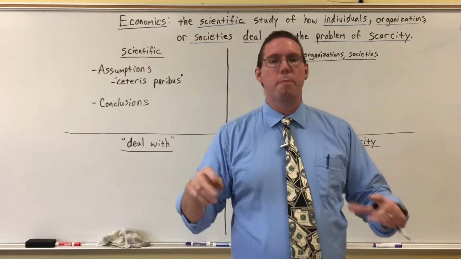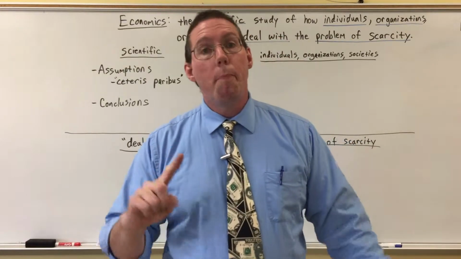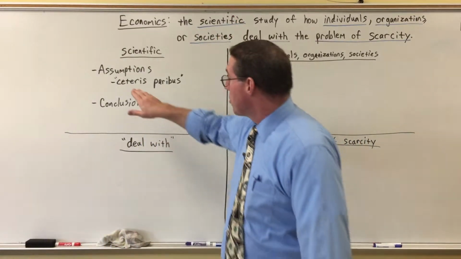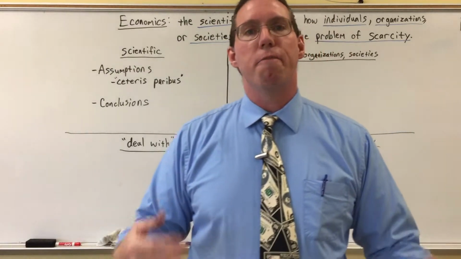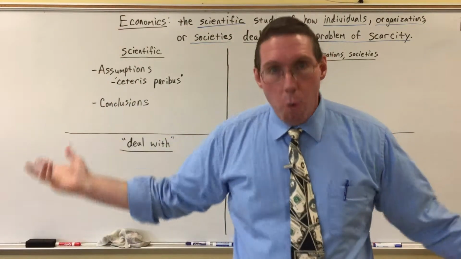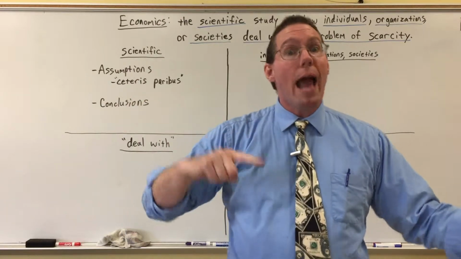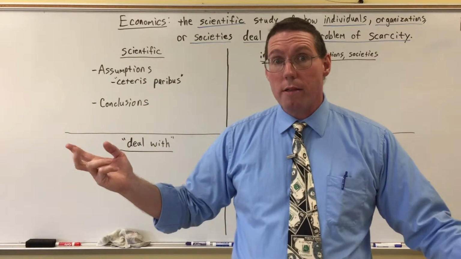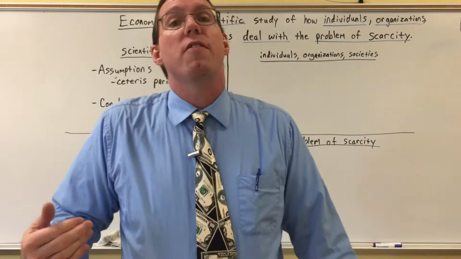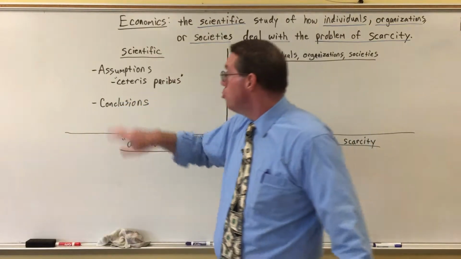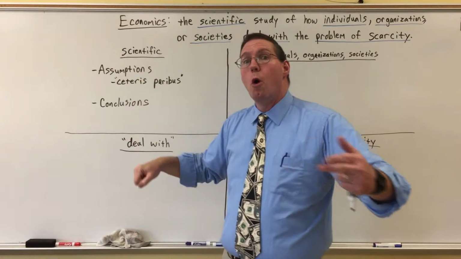Sometimes things are so cheap that people don't want them at all. But I'm using the Ceteris Paribus assumption. We're going to assume that it's the kind of product that everybody wants. And so now, if it's a product that everybody wants and the price goes down, people are going to buy more of it because they do want it. We're going to assume that it is something that people want.